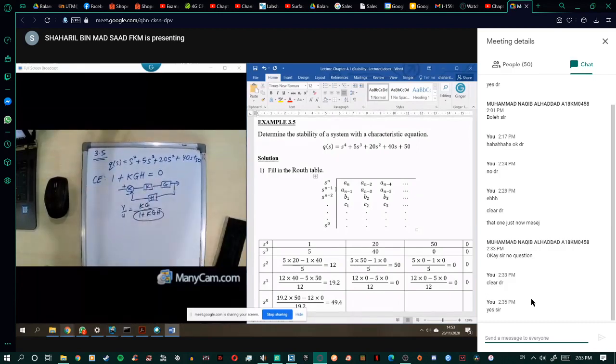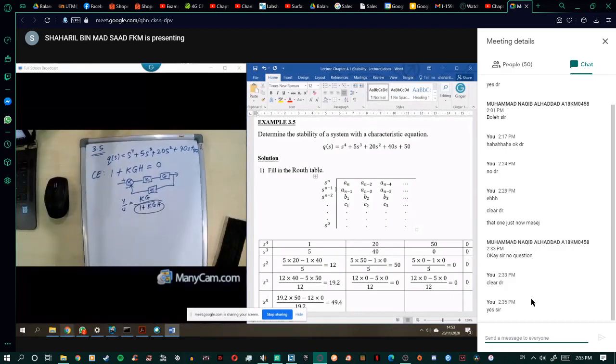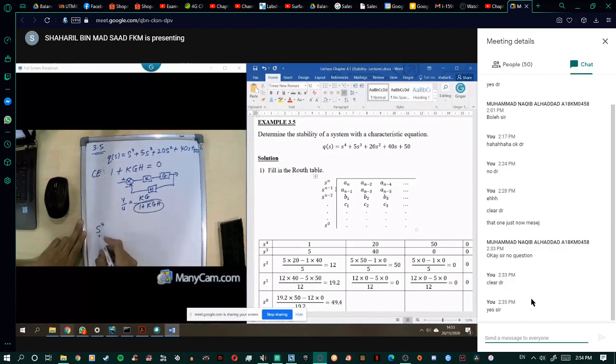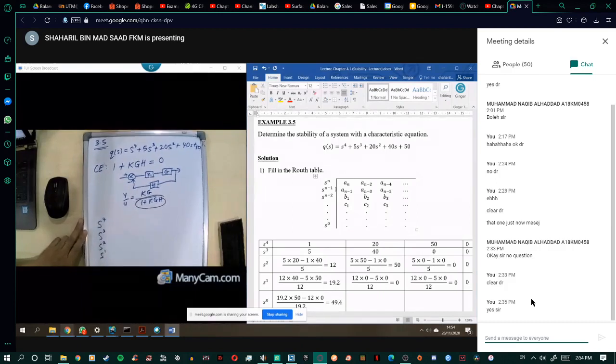So now we want to apply the Routh table, or Routh criterion. How to write it? First, look at the first term. The highest order is s to the power of 4. Then you need to write s to the power of 3, s to the power of 2, s to the power of 1, until s to the power of 0.